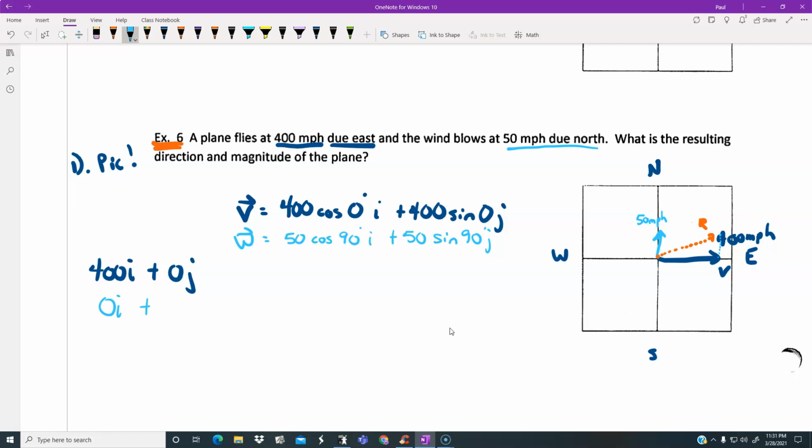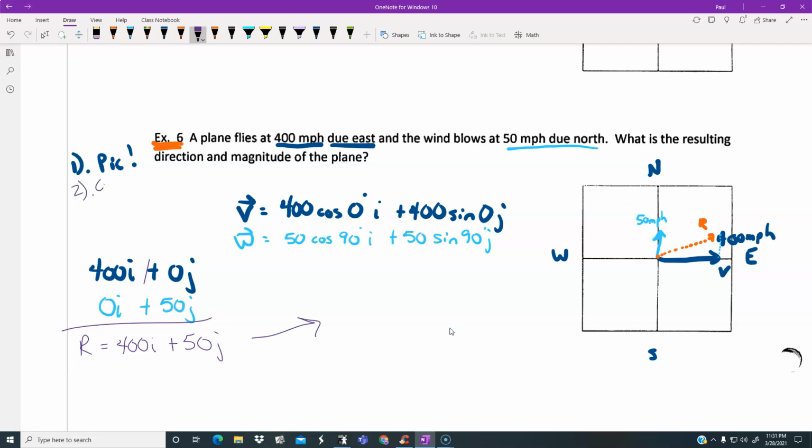And sine of 90 would be positive 1, and 1 times 50 would be 50j. This is a really easy one to calculate, not really any need for a calculator. Now the cool part is we can add those together relatively easily to get the resultant vector, which is 400i plus 50j.